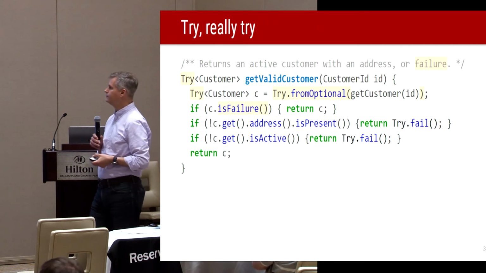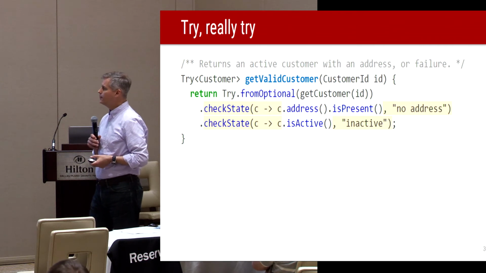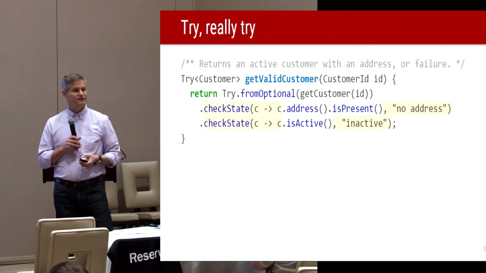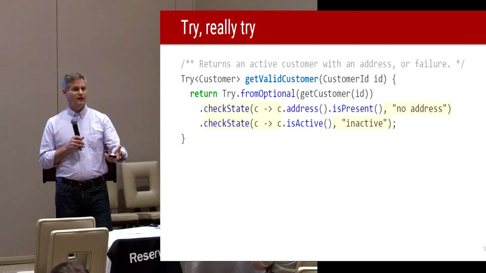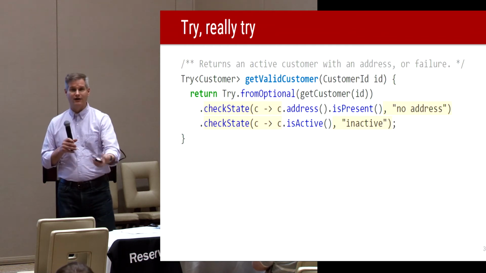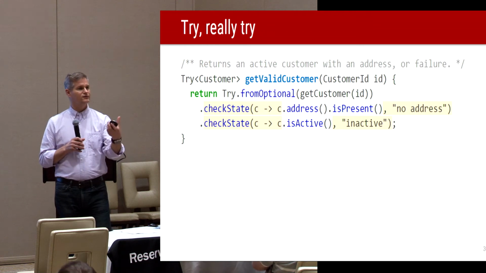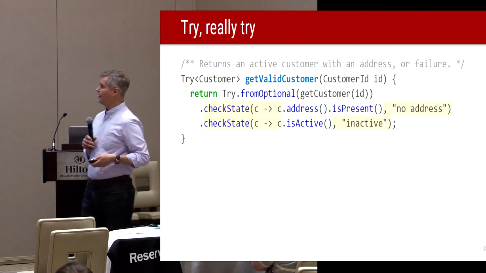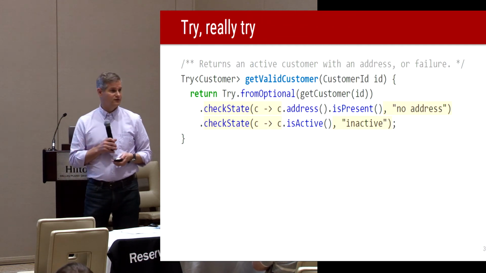So we can do better. We can implement a method on the try called CheckState. The way CheckState works is, imagine you called and you got customer number 5, and you're holding on to it. You're really saying, I'm going to consider this customer number 5 to be a failure if it doesn't have an address present.